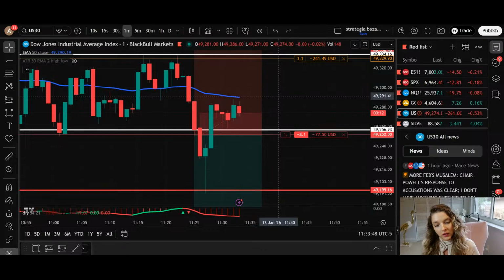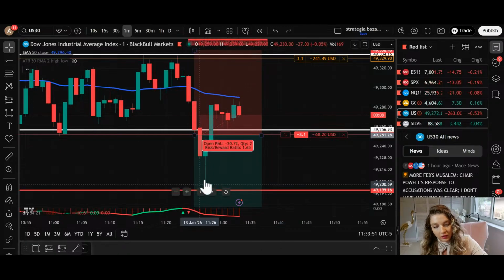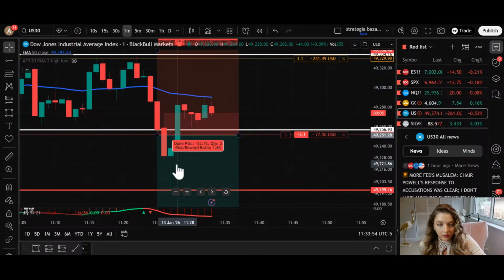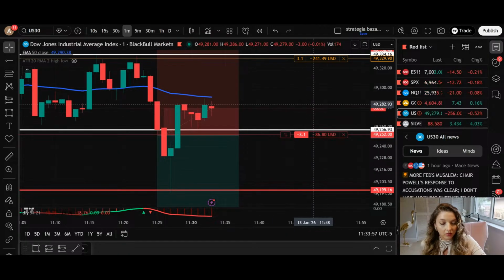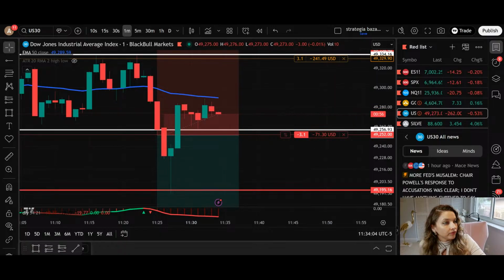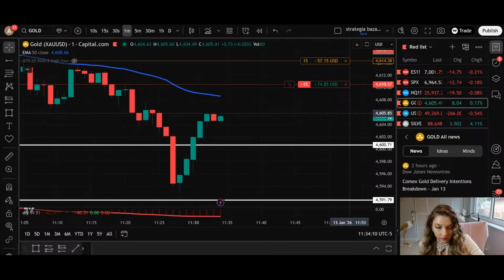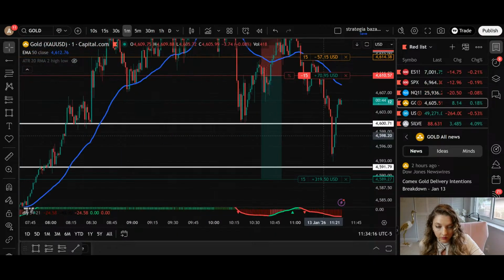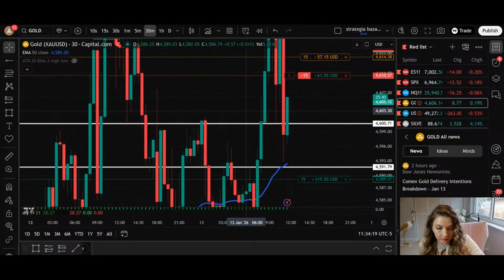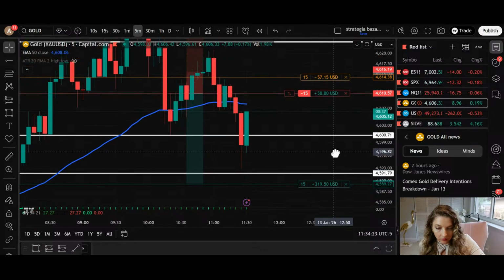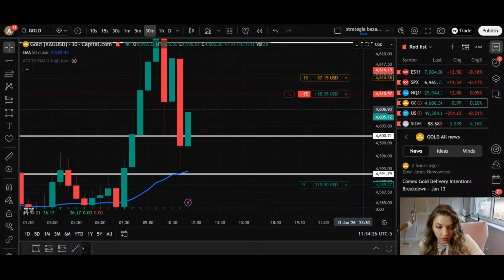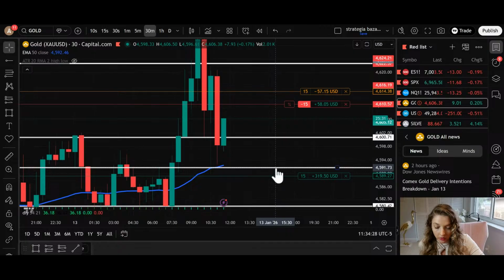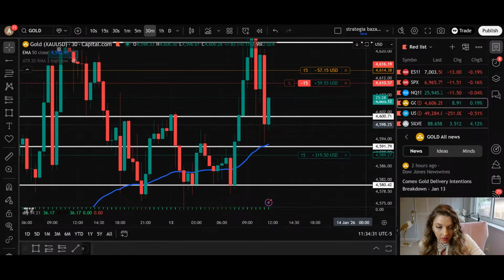Oh, it's funny, exactly how when I got in, it just gave me this bullish candle. 10 minutes. I know. Good, good.